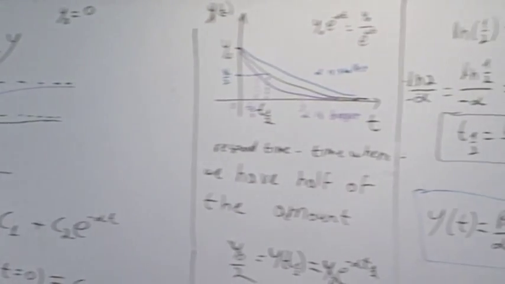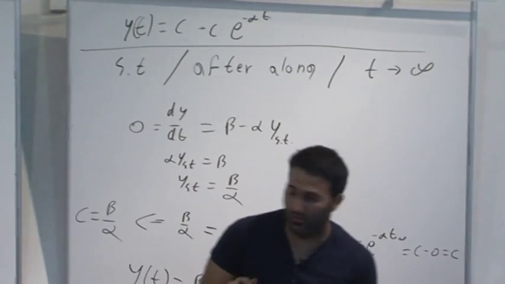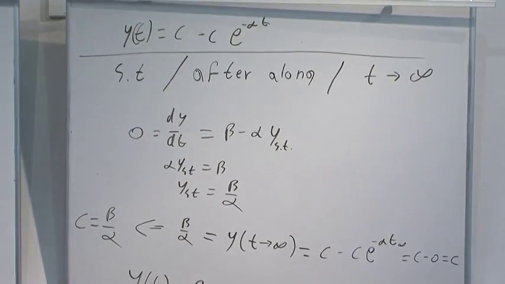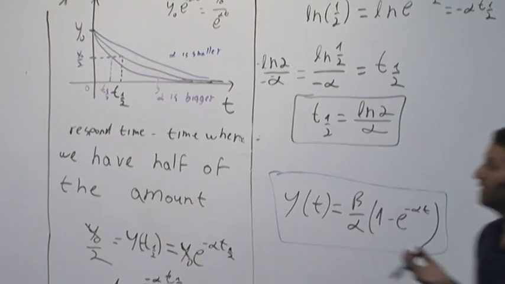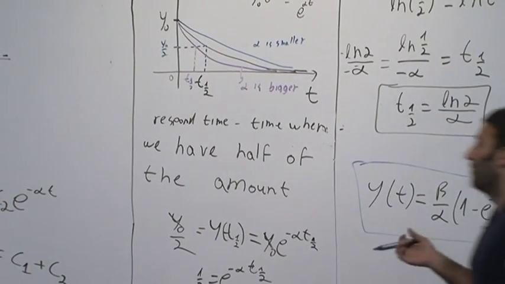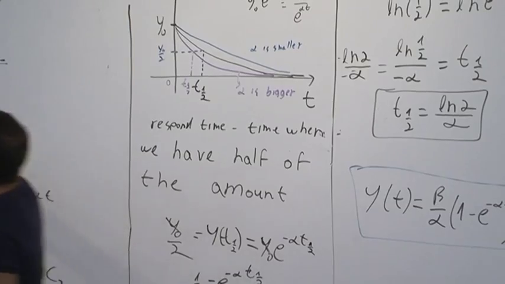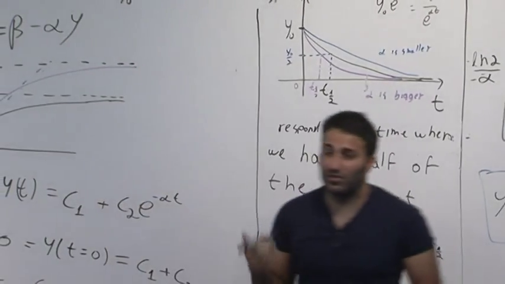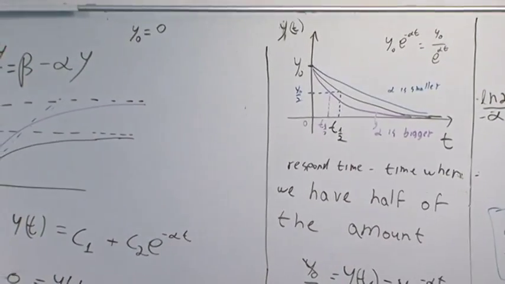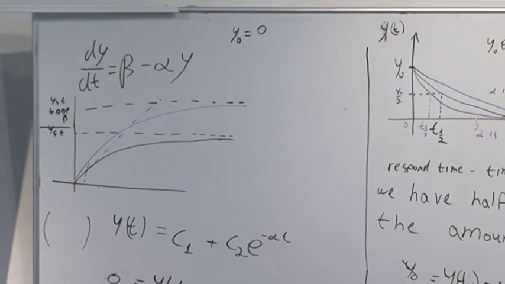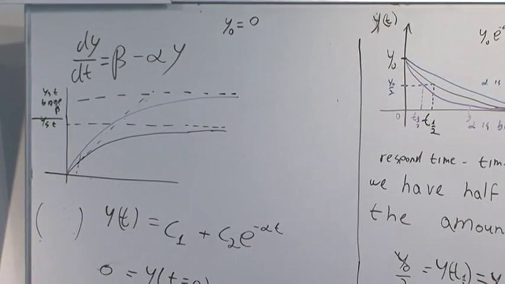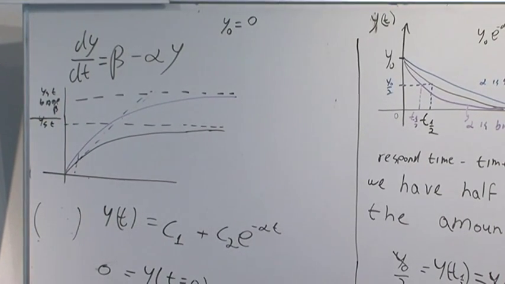Before I say something else about it, maybe I will say it now, and then we'll show one more thing, and then we'll finish. Can anybody think of a case where we will change beta and alpha, but Y steady state will remain the same? Same ratio.